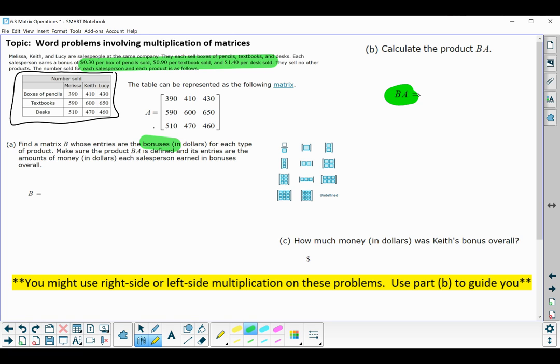Part B asks us to multiply matrix B by matrix A, and part C is going to ask us what was Keith's overall bonus. So when you're doing this, this is BA.